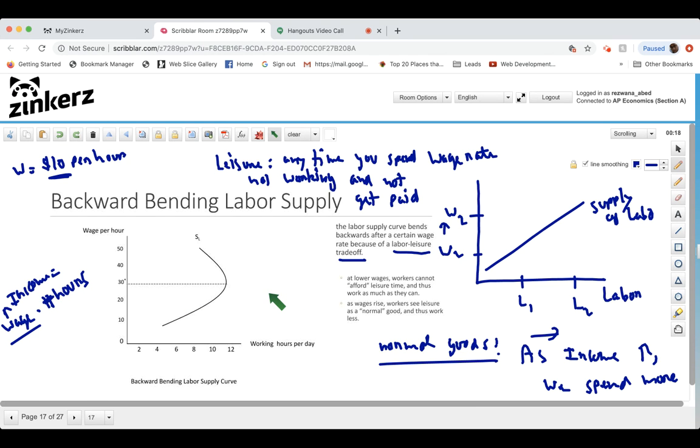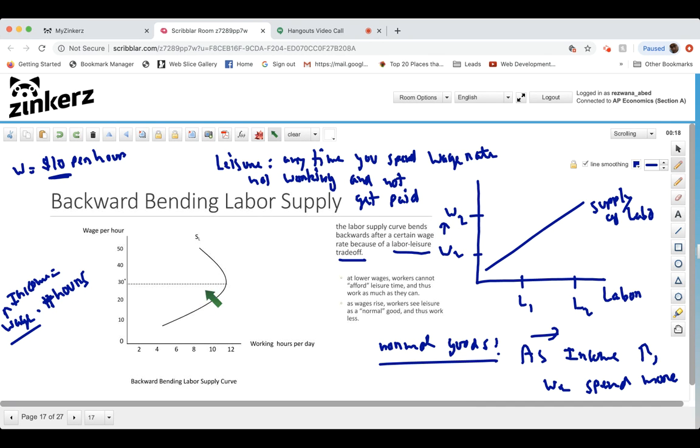Normal goods are the type of goods that we consume more of as our income increases. But at lower wages, they haven't achieved so much income that they can afford to have a lot of leisure time, so they try to work as much as they can to get to this desired level of income.